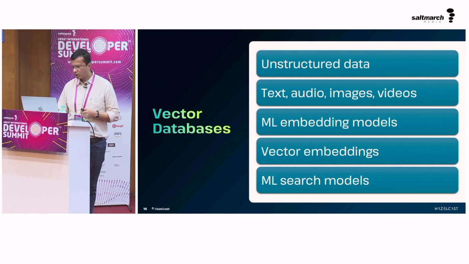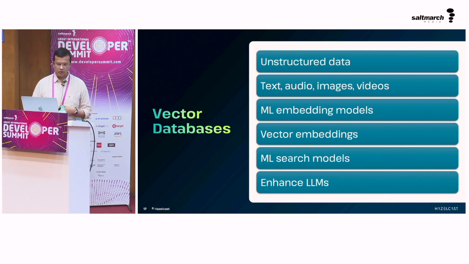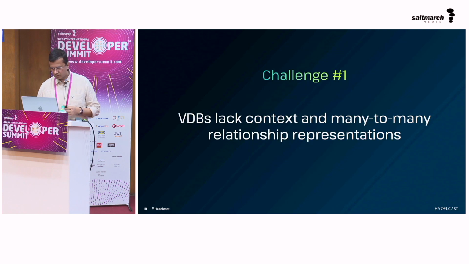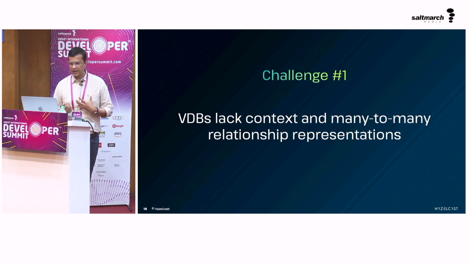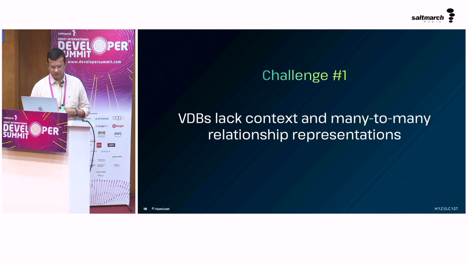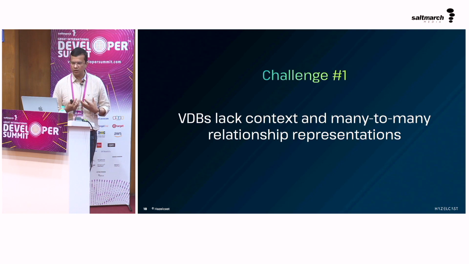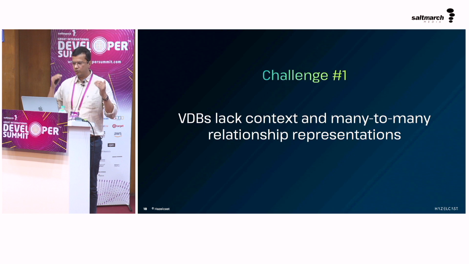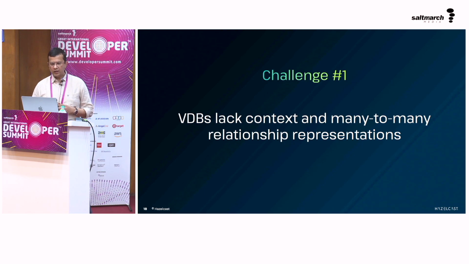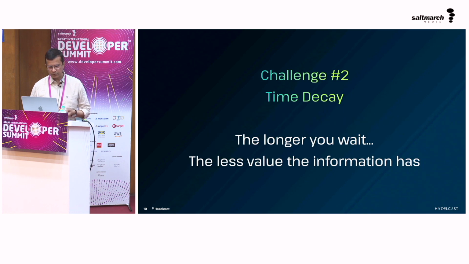But then what we want to say is that vector databases, well, one of the things that they lack is a many-to-many relationship representation, right? So they are not about structured data, they're quite about unstructured data. So the ability to correlate data is sort of challenging for a vector database, as an example.